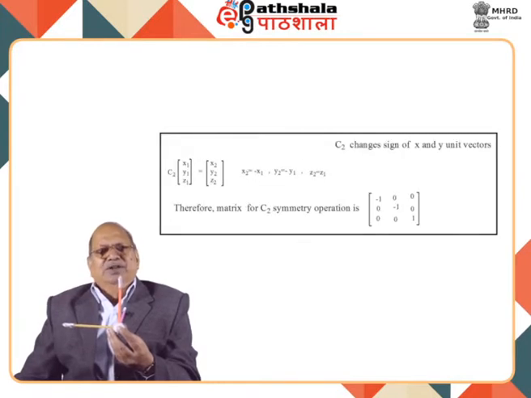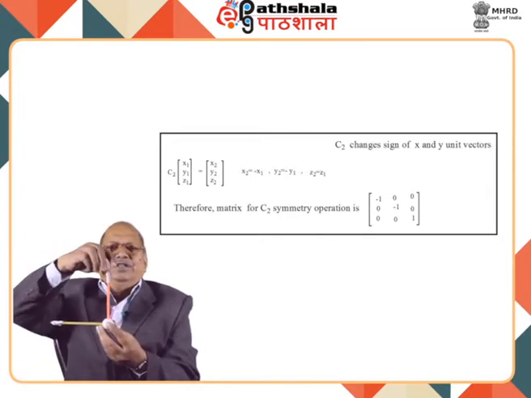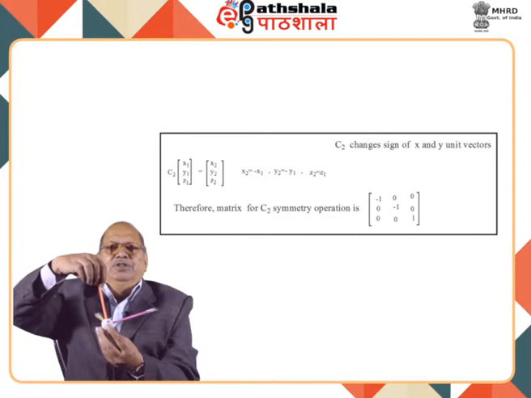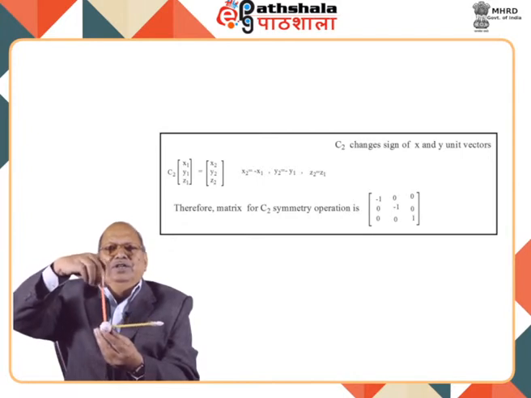Now, let us see what happens when I carry out C2 operation. Here C2 operation I will carry out along z axis, that is this axis, and if I perform this C2 axis like this, what happens?